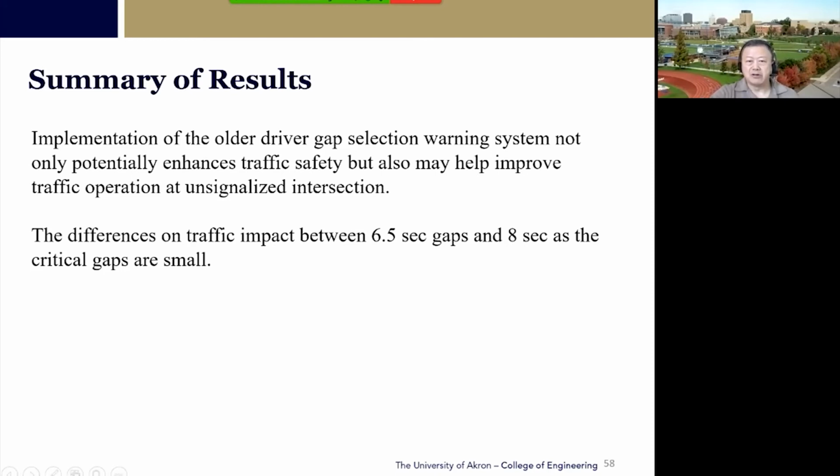That's why overall it improves the intersection operation. That's our interpretation. But further study needs to be made. That's why we said it may help. And of course, the difference between using 6.5 seconds critical gap or 8 seconds critical gap is really small.